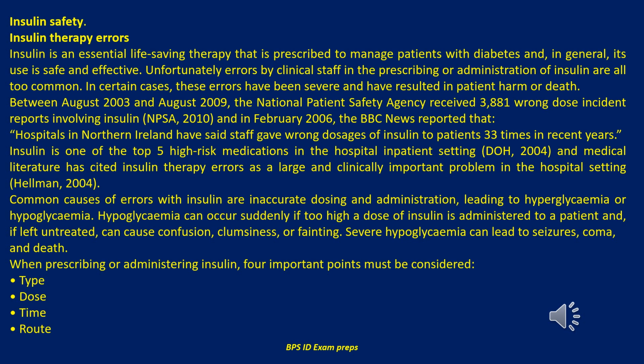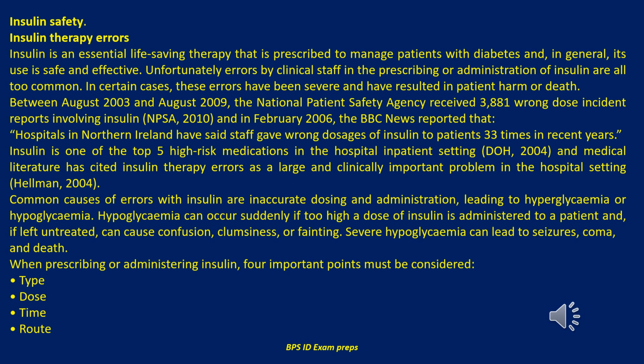Between August 2003 and August 2009, the National Patient Safety Agency received 3,881 wrong-dose incident reports involving insulin, according to NPSA 2010, and in February 2006, the BBC News reported that hospitals in Northern Ireland have said staff gave wrong dosages of insulin to patients 33 times in recent years.